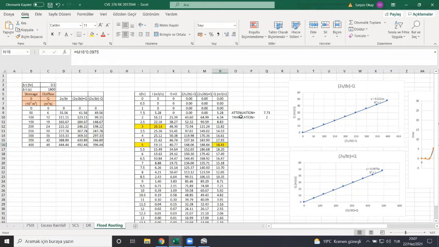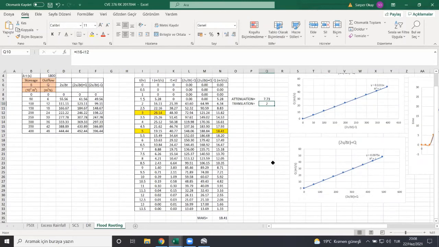Attenuation means the difference between the maximum inflow and the maximum outflow, and translation means the time difference between the Imax and Qmax. So you'll calculate attenuation and translation, and that will be the end of your Excel process.